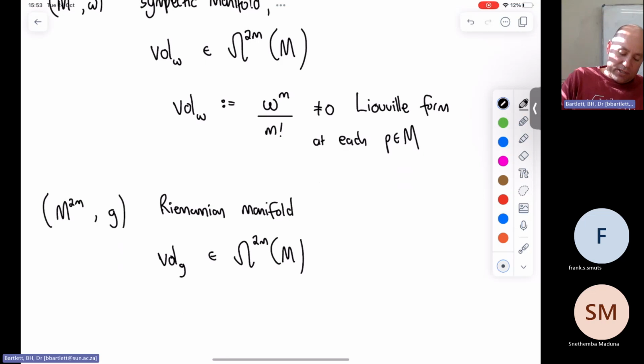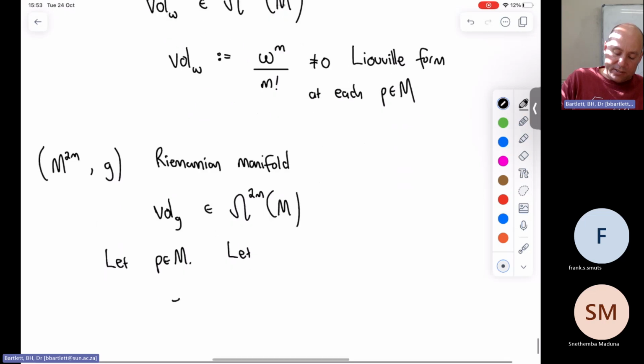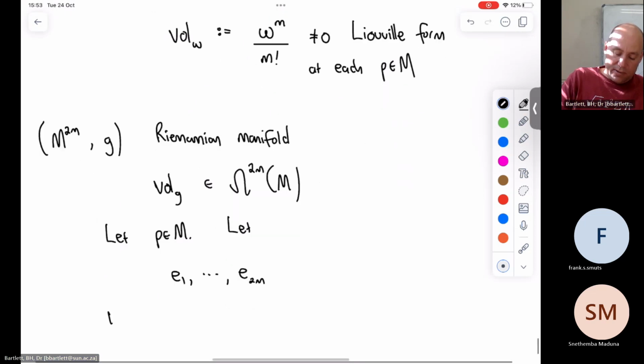Well, what I do is let p be an element of M, and then I'm going to find an orthonormal basis for the tangent space at p.